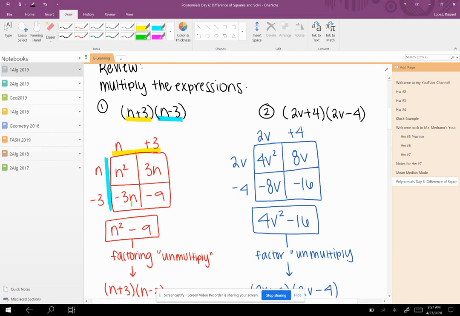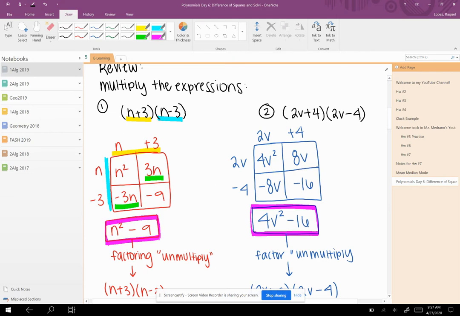If you notice, this minus 3n and then positive 3n cancel out. So your final answer is going to be n squared minus 9. And then over here for number 2, I just basically followed that same structure, and I ended up with 4v squared minus 16. Okay, so when I multiply those two expressions, I get the answers in the pink box, right?